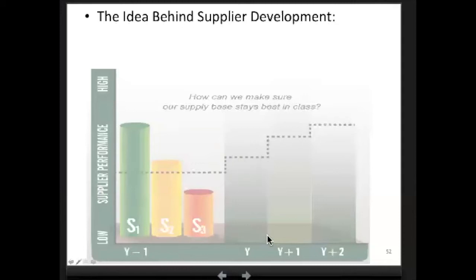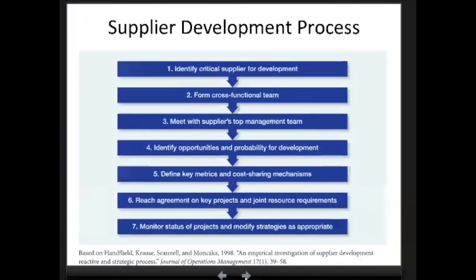So we know that the next year itself, supplier S2 will not look as good as it is in Y-1. In fact, by year Y+2, even supplier S1 may not be fulfilling the needs as per the requirements for the organization. So to make this dynamic change within the supplier come true, they need to be developed on a timely basis. And that's something which supplier development effort takes into consideration.